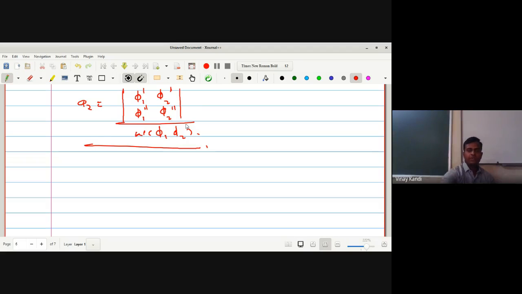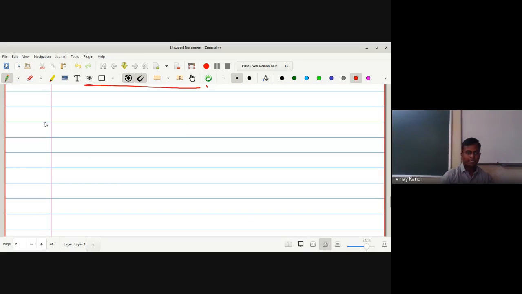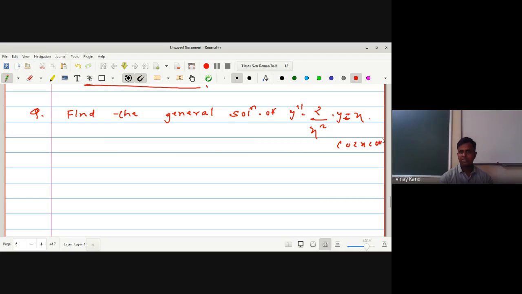Now the example, let me take one example and we will stop. Find the general solution of y double dash minus 2 upon x square into y, which is equal to x, in between 0 to infinity.